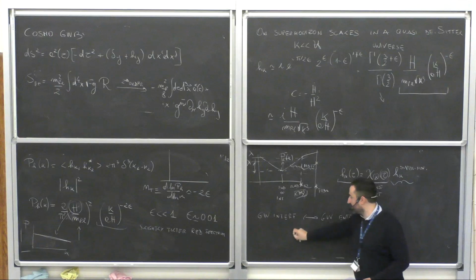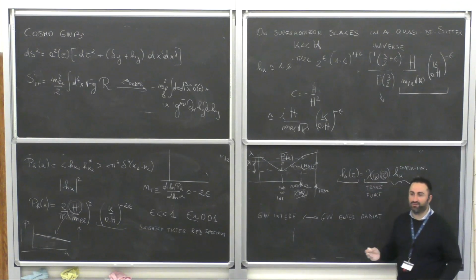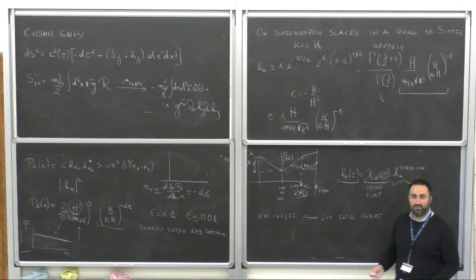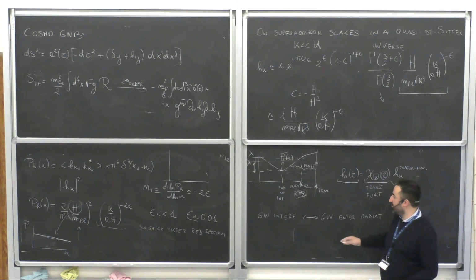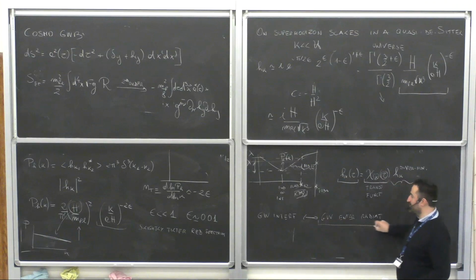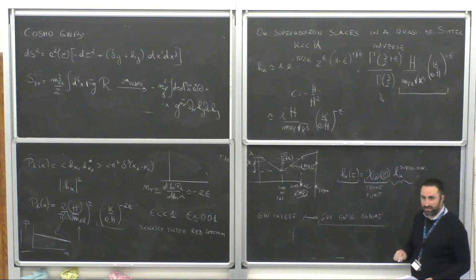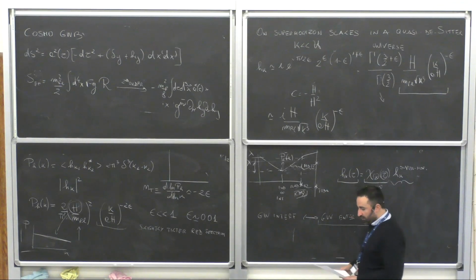Since we are looking essentially from 10 to the minus 11 Hertz up to 1000 Hertz, these are all gravitational waves that enter in radiation domination. But it will be clear when I do the full picture.